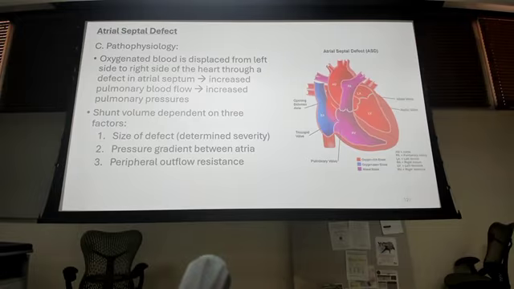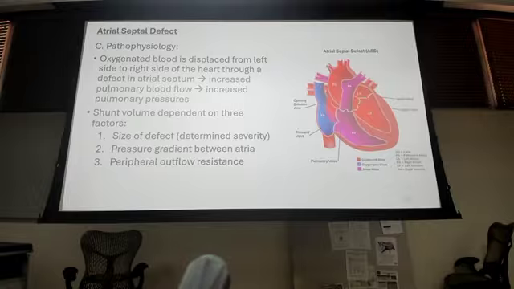Now, if that whole development is disrupted for some reason, and either that ostium secundum is too big, then it can lead to the development of an atrial septal defect, where now you have this communication between the right and the left atria. Now, typically after birth, you have a higher pressure on the left atria than you do on the right atria.